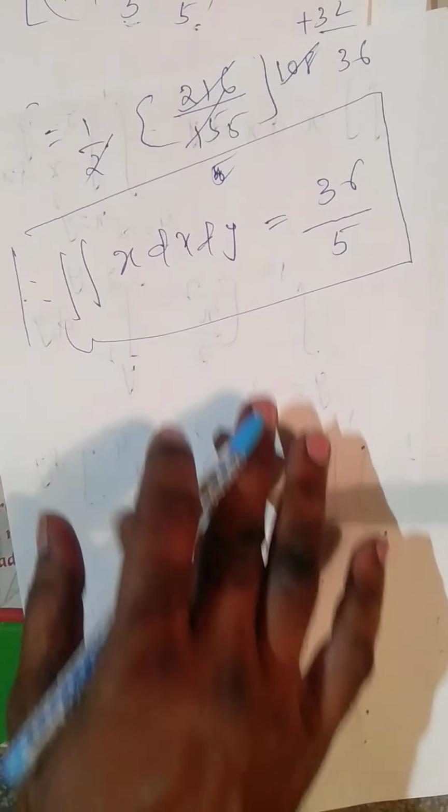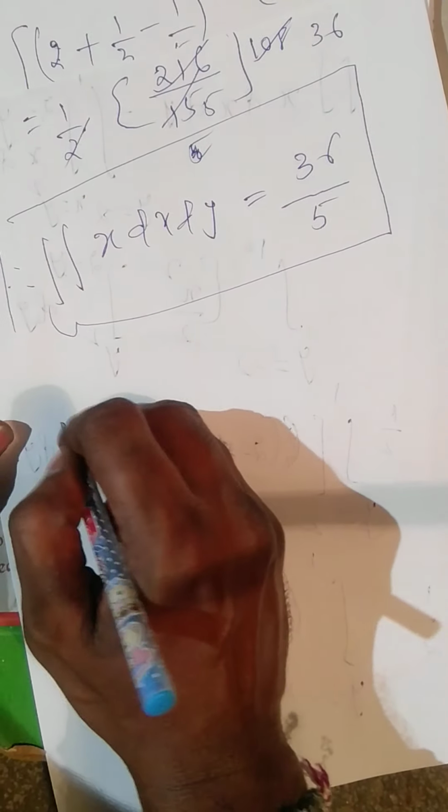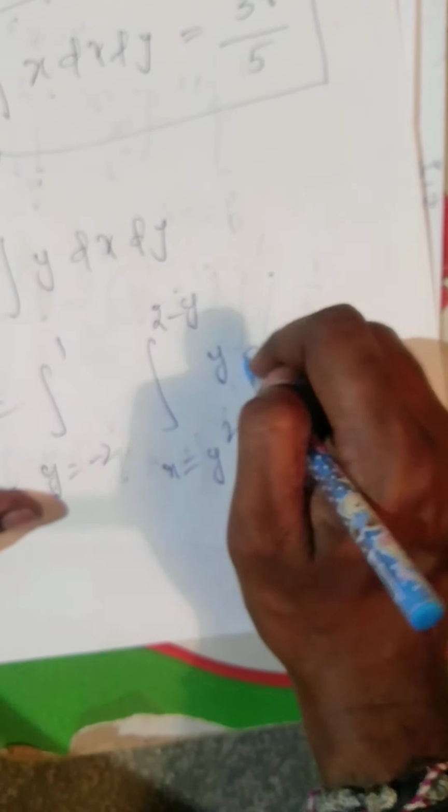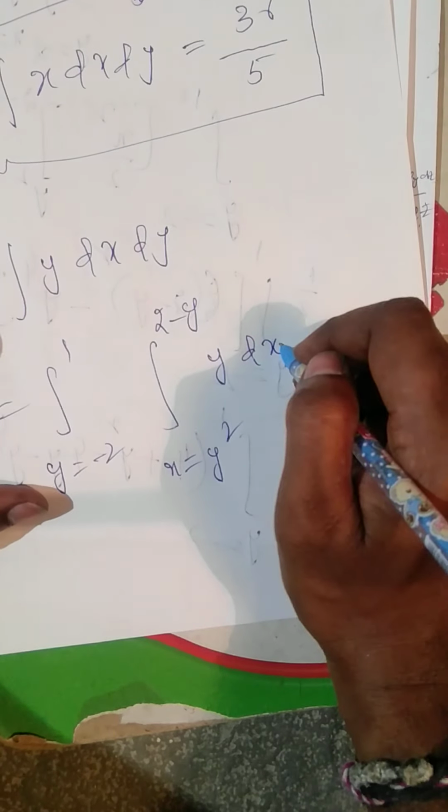Then we can find the double integral of y dx dy. So that equals, same limits, right? What are the y limits here? y equals minus 2 to 1. The x limits are the same: x equals y square to 2 minus y, into dx dy.